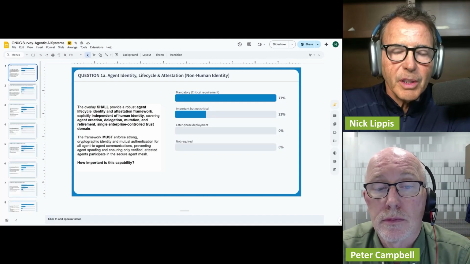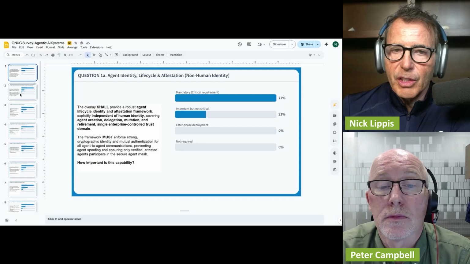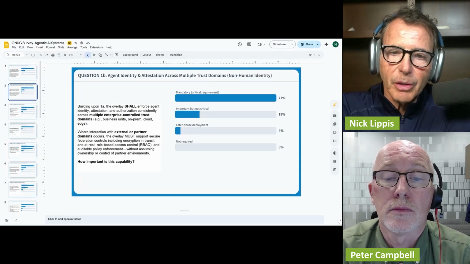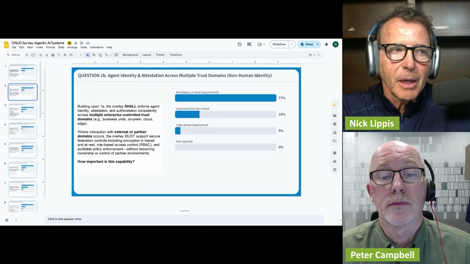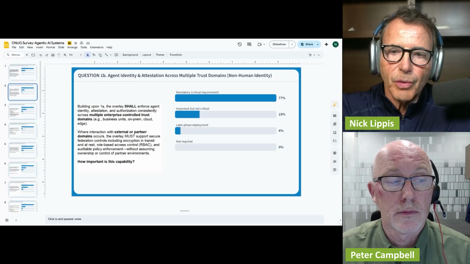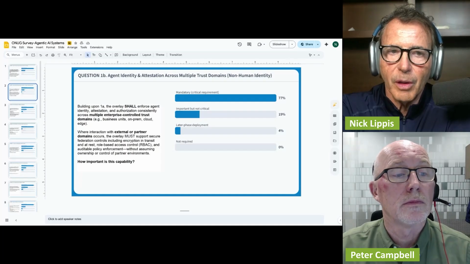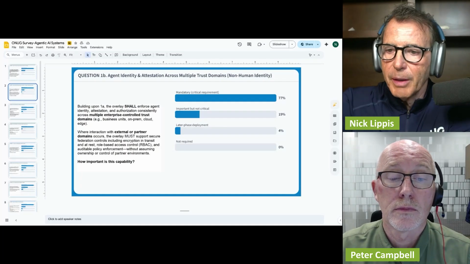So this was across one trust domain, and then we wanted to see what happens when it gets across multiple trust domains. And it doesn't change that much. There's a little bit of a change for later phase, and I think the reason is that most are focusing on one trust domain right now. I think that's probably what's happening. Peter, anything on this?